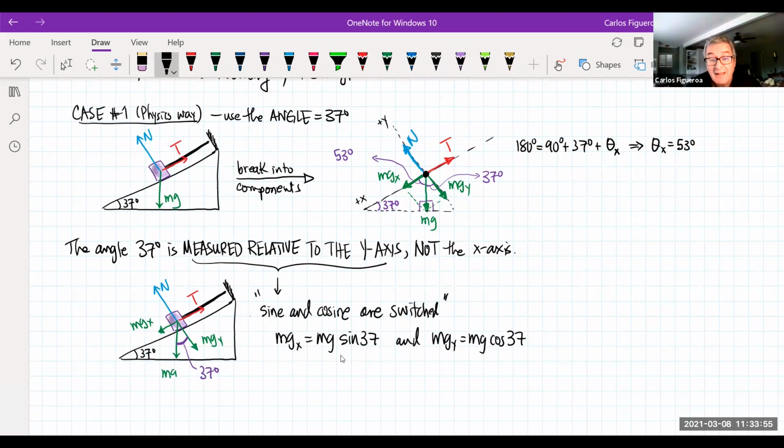Most people think that the x component is always cosine and that the y component is always sine. That's what I mean by this.